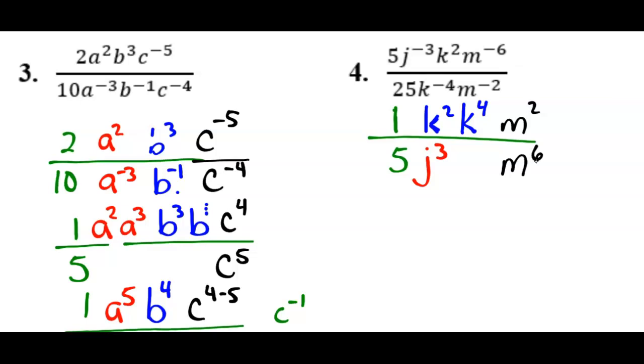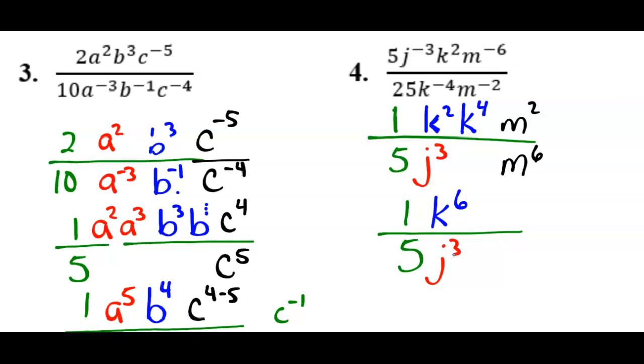All right, am I done? Nope, I'm not done. So I've got 1 over 5. Okay, my k's are going to end up being what? K to the 6th power. Fantastic. J to the 3rd power, that's already in place. What's going to happen with my m's?